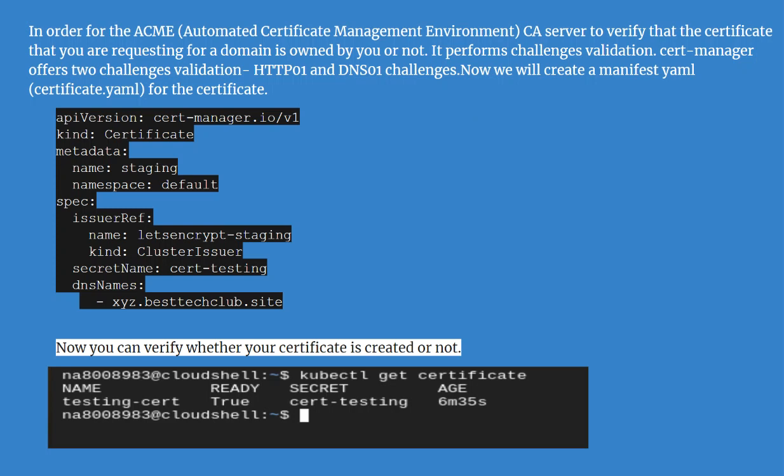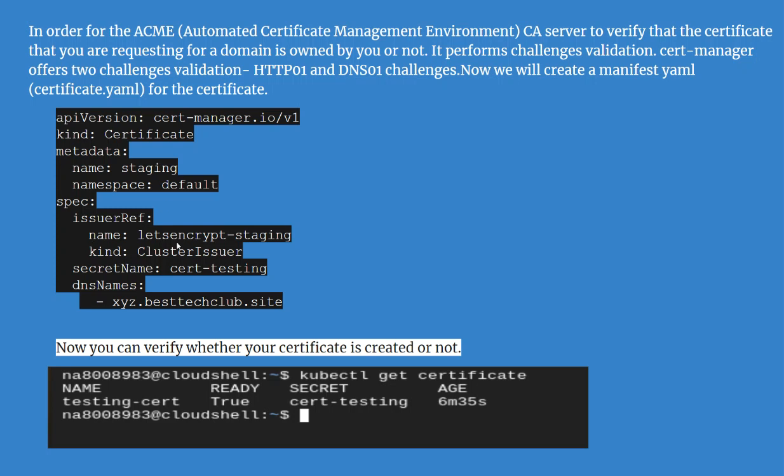Here you can see that it is using HTTP01 and both challenges to validate and create your certificates, and whenever they are going to expire, to renew them. Here is the file: its API version, then its kind is Certificate. We have cert-manager, we have the issuer there. Now we need a certificate, and this particular manifest is for generating the cert. Its issuer reference is going towards letsencrypt-staging, whatever issuer we created in the previous slide.